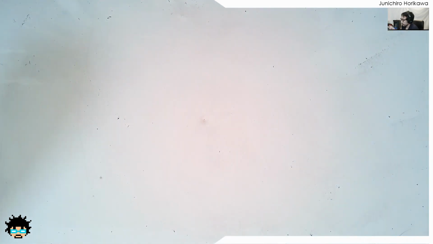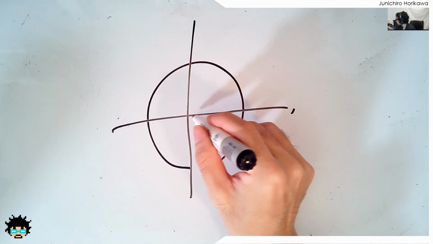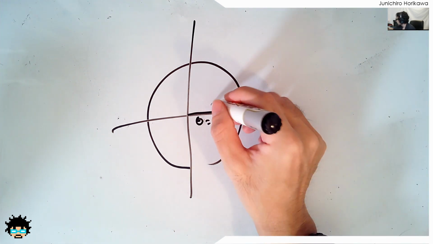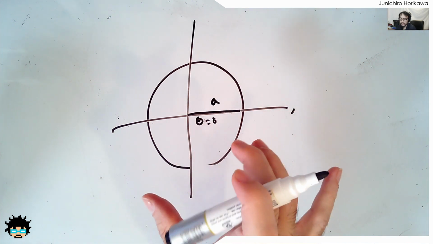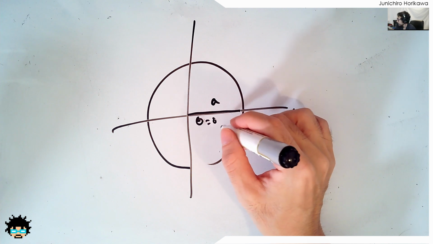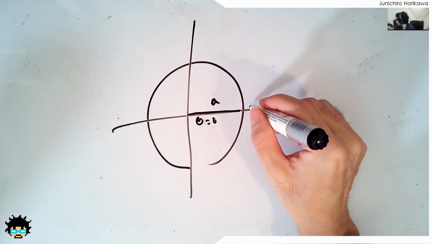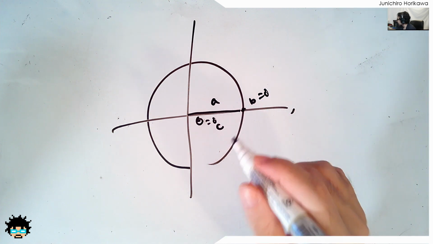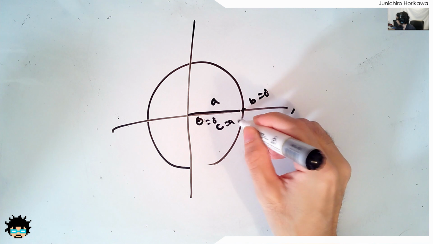Okay, so let's say we have this circle, and when the angle is equal to 0, then the a value is always the same, it's the radius of the circle, and the b value here, which was the height, the y coordinate of this point, is 0, and the c, which was the x coordinate of this point, is equal to a.